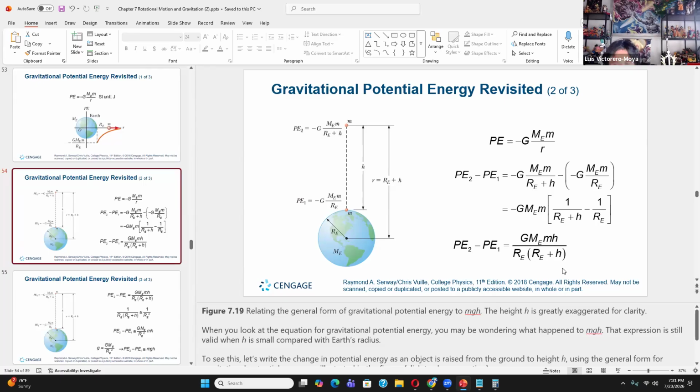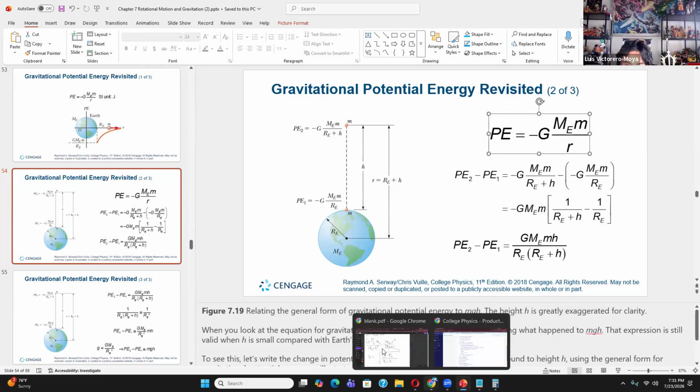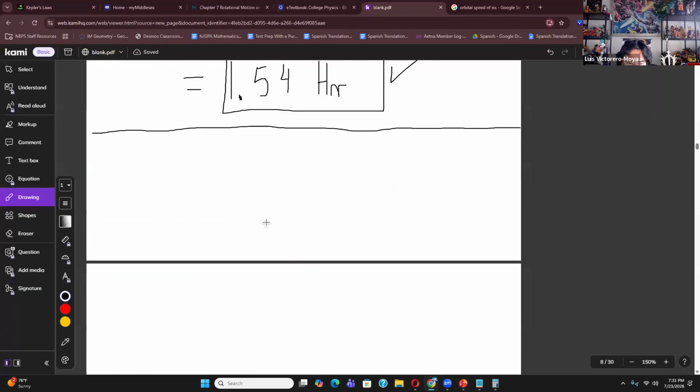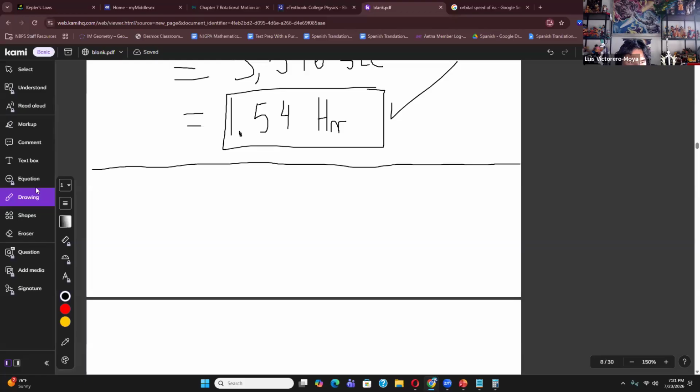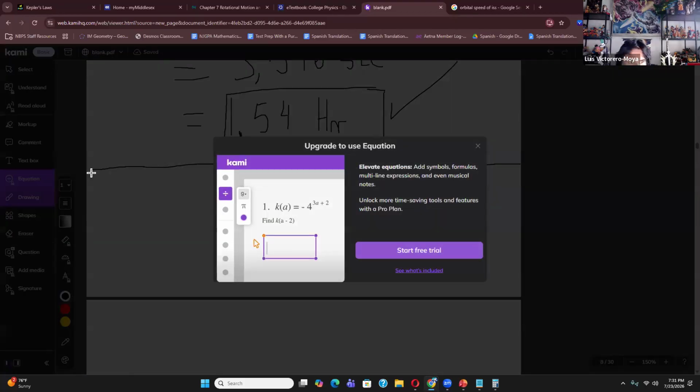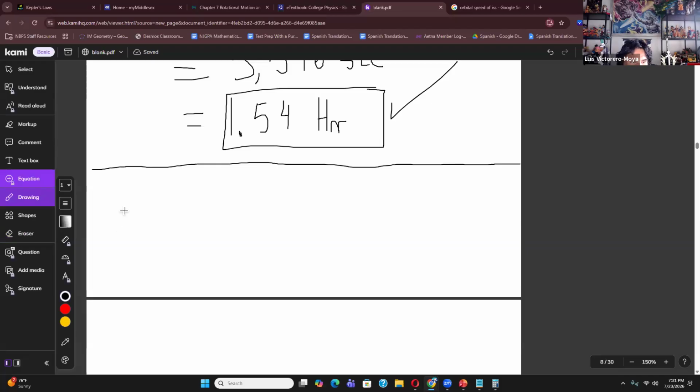So where does this equation come from? This looks like a gravitational force. If you have taken calculus, you can easily prove that. I'm just going to show you the equation. The gravitational force is equal to G m1 m over r squared.